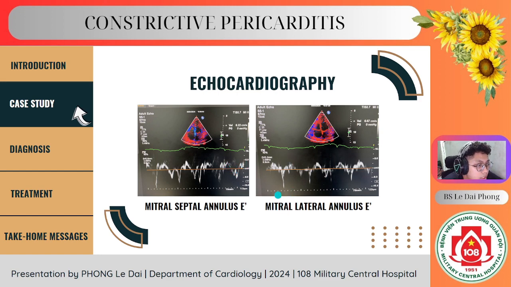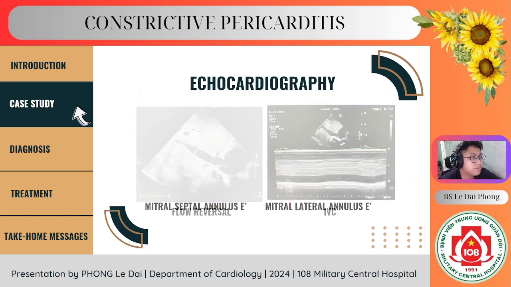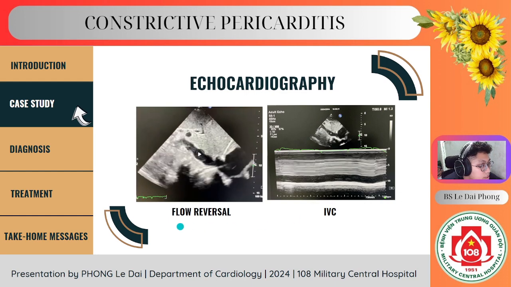And the mitral lateral e' is 6.6, and we can see right here that the respiratory variation makes the E vary with respiration, and we can see the image of flow reversal right here, as this is a patient IVC.